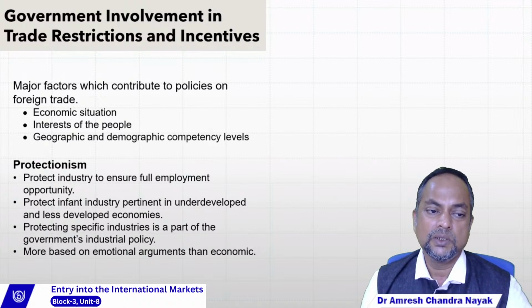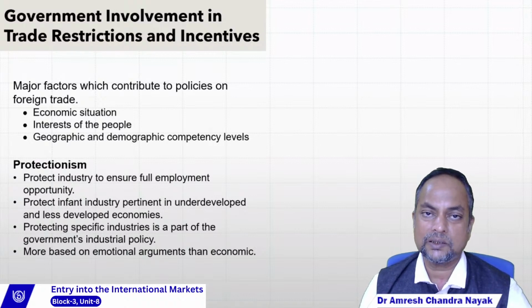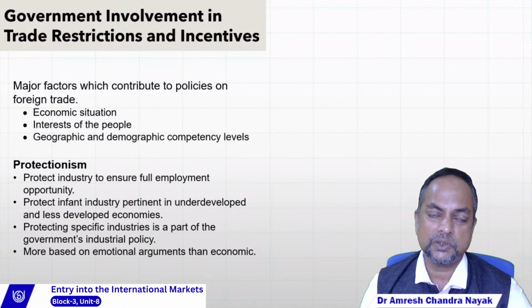But this protectionism approach is no more valid, as India has adopted the Foreign Exchange Management Act. There was a transformation, all those powers given to RBI were withdrawn, right?